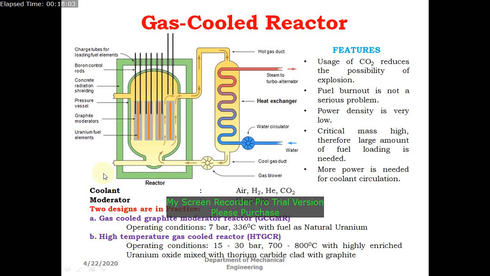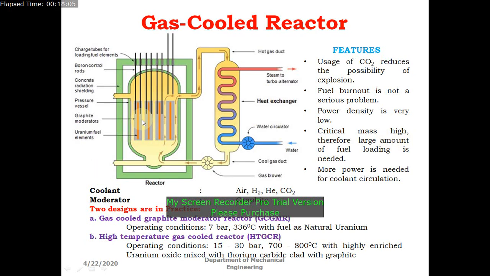And next, here the critical mass required is very large for the radioactive material. That means the minimum mass of the fuel required for sustaining the chain reaction. So we have to load a very large quantity of fuel here. And one more thing is the charging of the fuel for a gas cooled reactor is a difficult process.